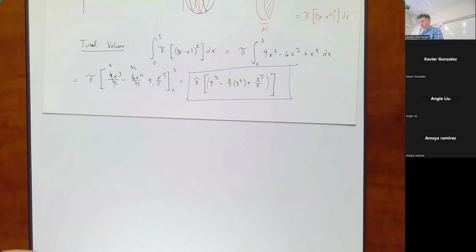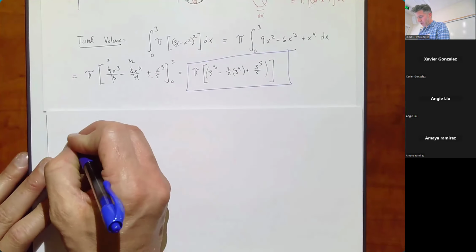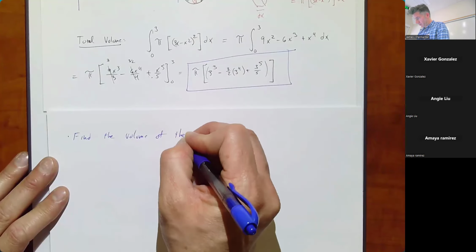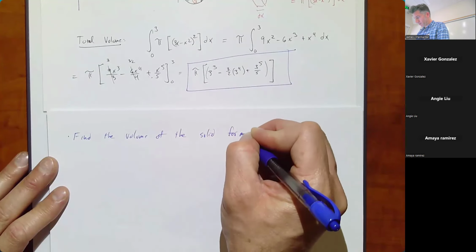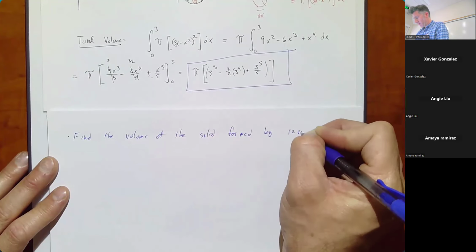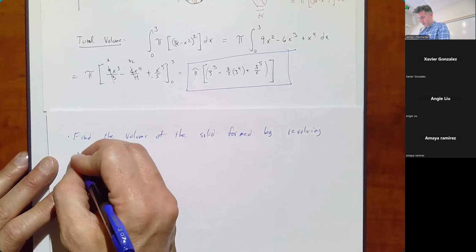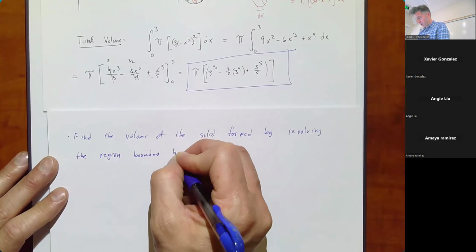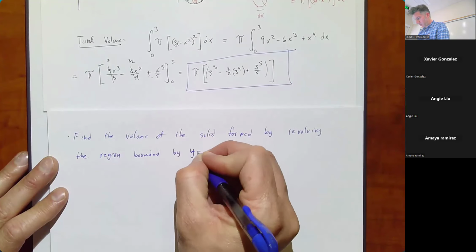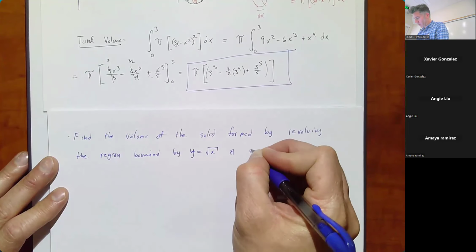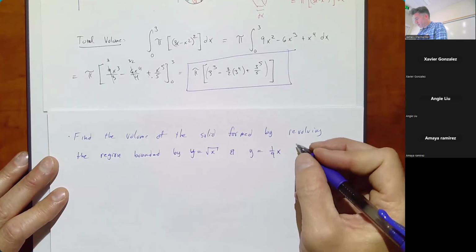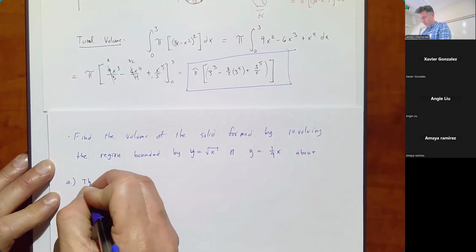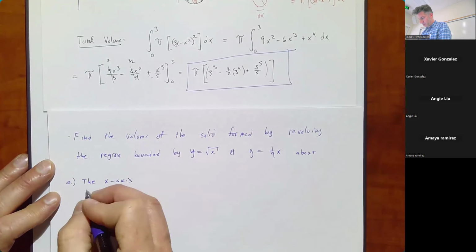So let's do the following. We want to find the volume of the solid formed by revolving the region bounded by y equal to the square root of x and y equal to 1/9 x about the x-axis for the first part.